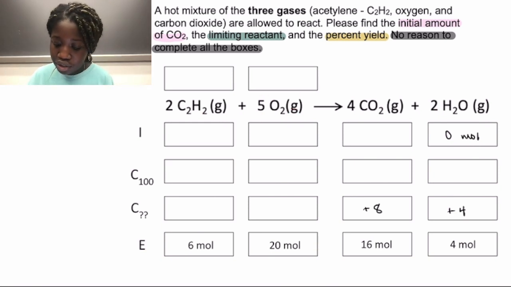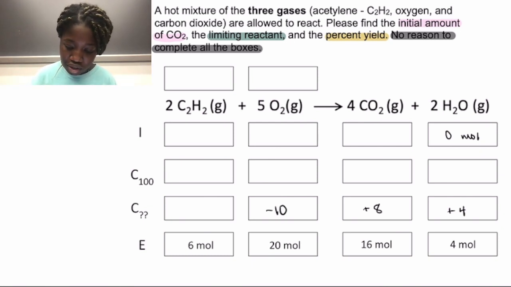From oxygen to water is a 5:2 ratio. So if you take that into account, this will be a -10, minus because it's a reactant. And for acetylene, it's a 1:1 ratio. So this is also going to be -4.